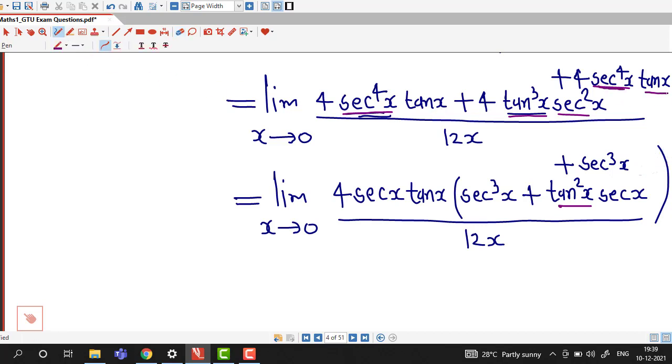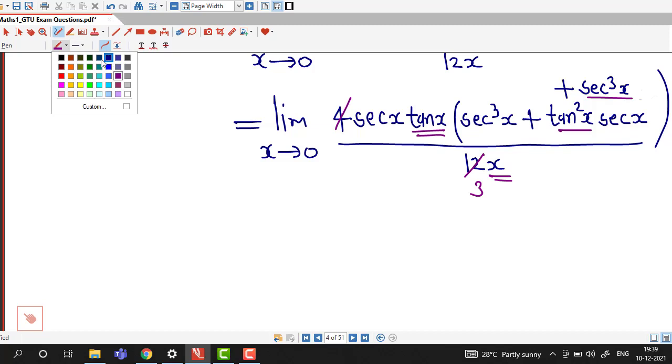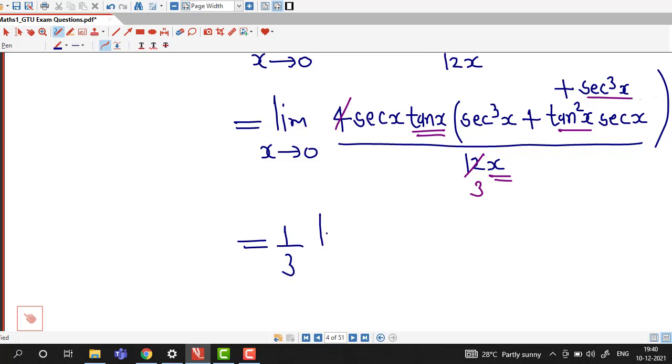Sec x into tan x is outside, so we are left with sec raised to 3x here. Now this you can visualize. If you visualize, then I have tan x divided by x, this 4 will cancel out here, we are left with 3, and if you can see, this is equal to 1 by 3 times this.